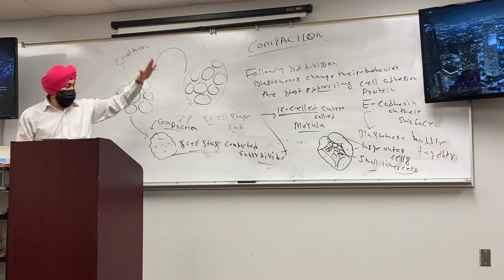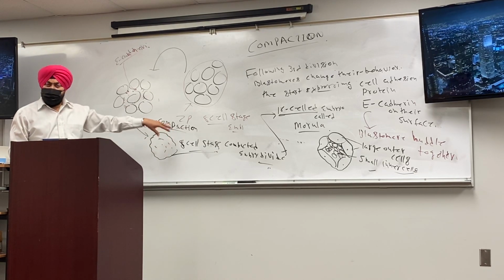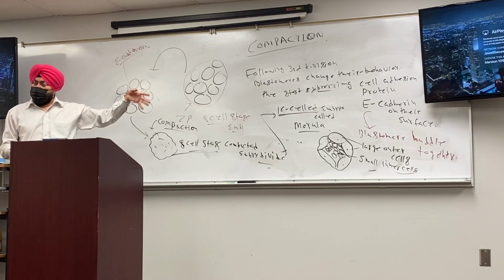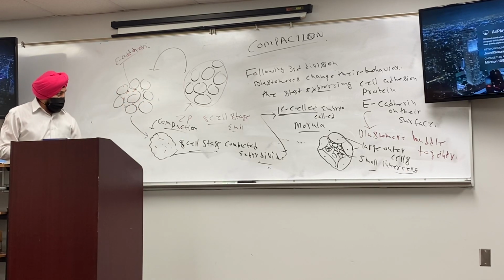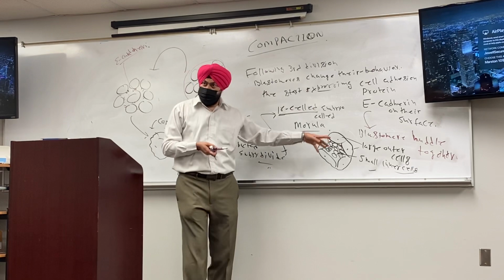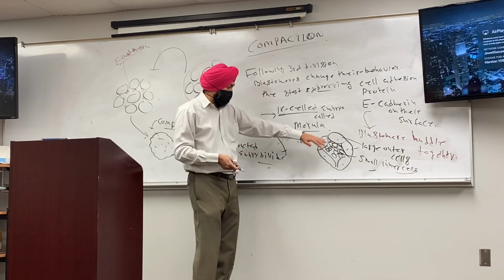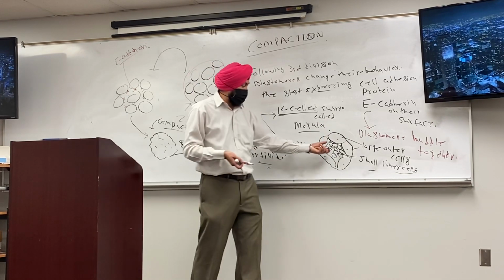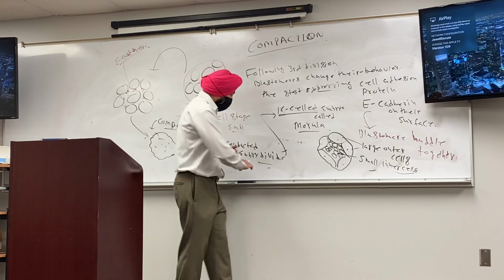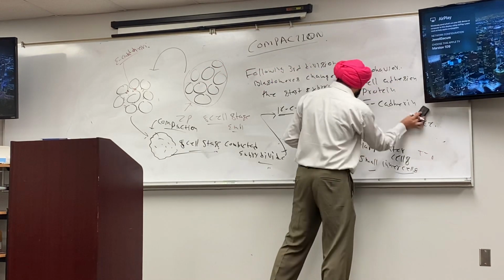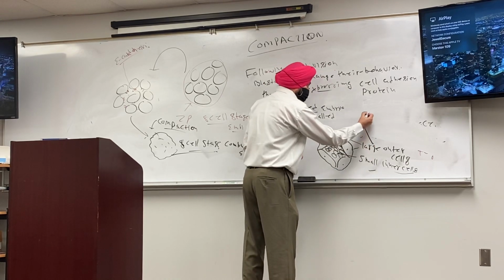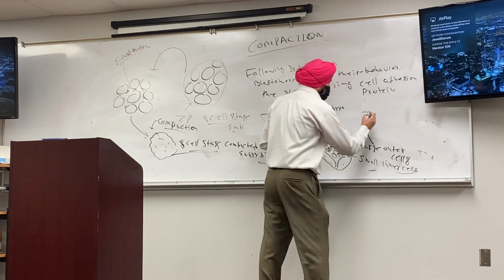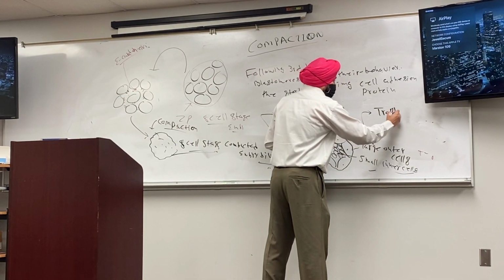Up to 8 cells, they are totipotent, so they can become anything. Then these cells divide once more and become a 16-cell embryo called morula. Some cells are large and remain on the outside, and some cells are small inner cells. These large outer cells are going to form trophectoderm.